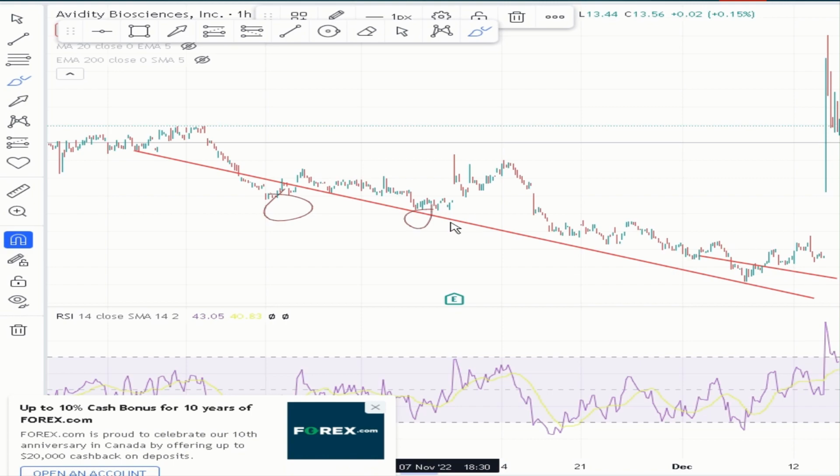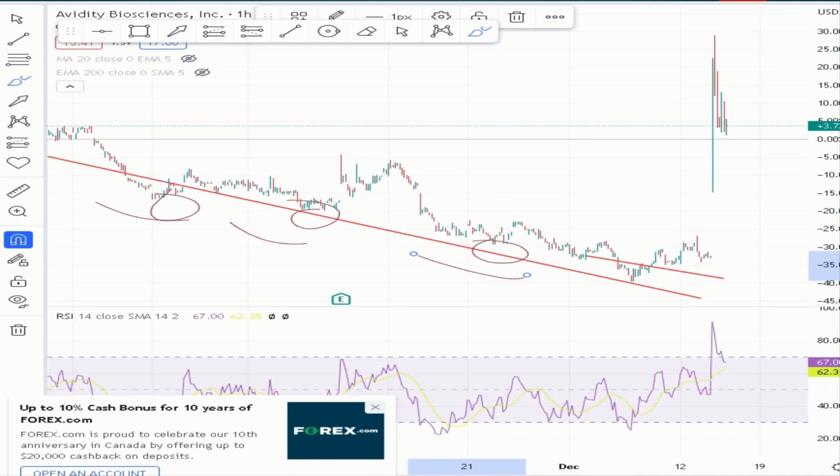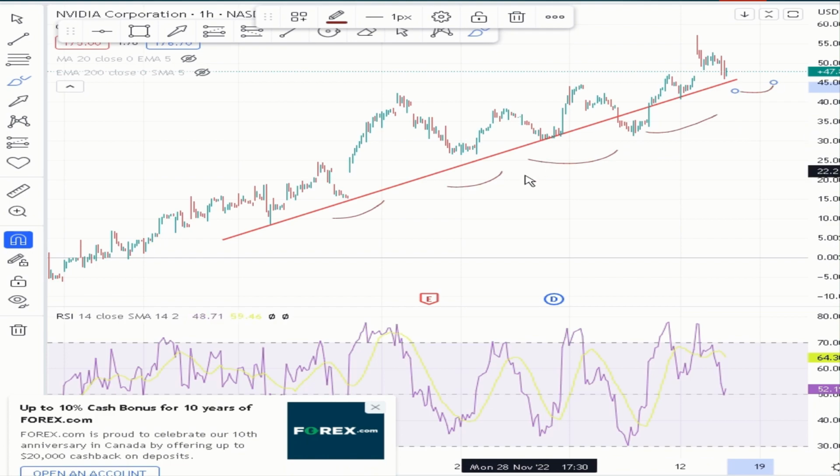So these are the ones I'm trying to explain. So you don't want to be on the wrong side of the trend, whereas with the other one you want to be on the uptrend because it was making you money on the way up. So why do you want to be against it when it's already showing you the uptrend? So those are the two things you want to remember.